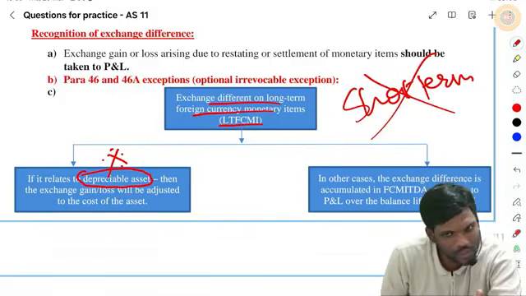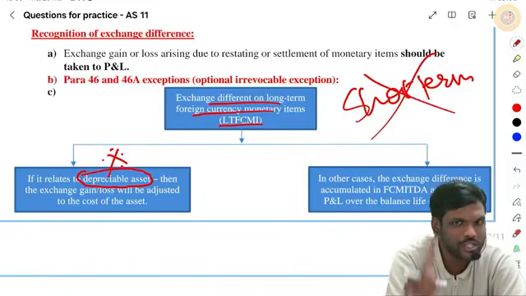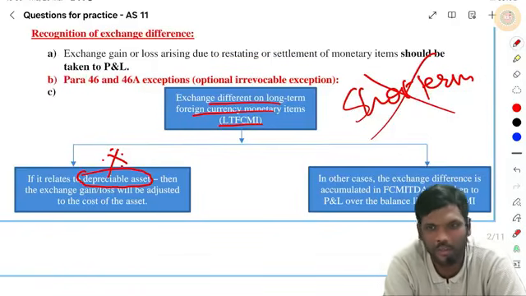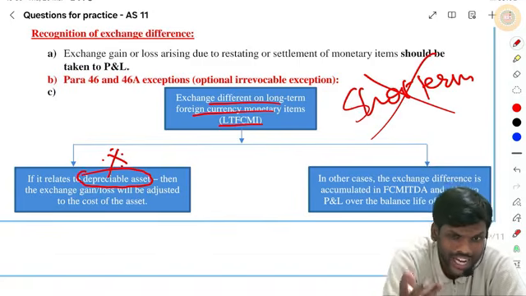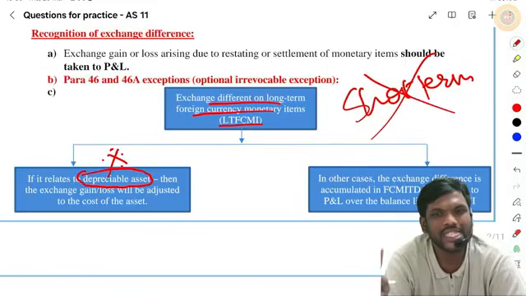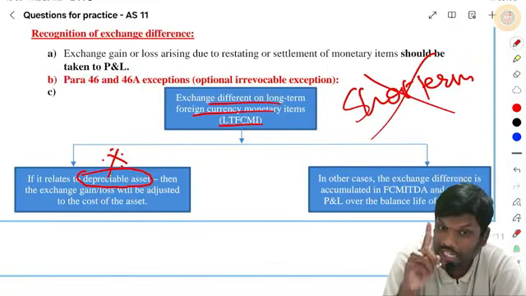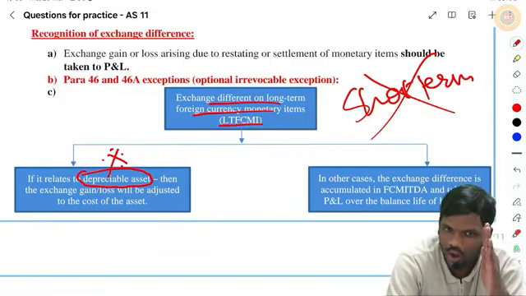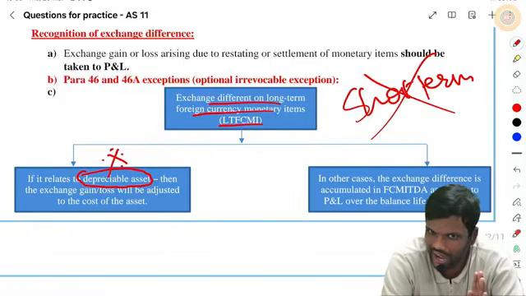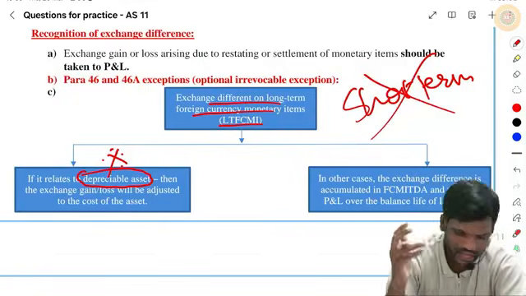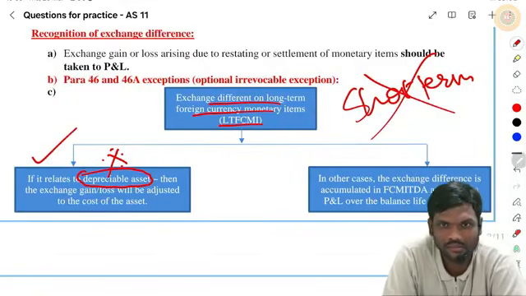The life of this loan is more than 12 months. So it is short term or long term? Obviously, it is a long-term foreign currency monetary item. Sir, why did you take this loan? I took this loan for purchasing plant and machinery, which is a depreciable asset. So here there is a long-term foreign currency monetary item which is being used for a depreciable asset. In that case only this will apply.